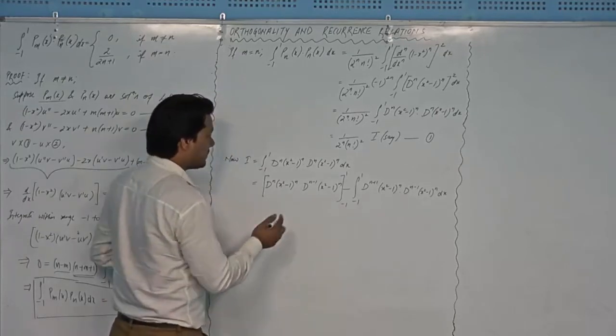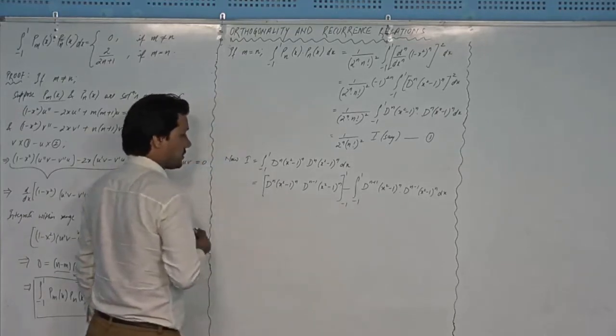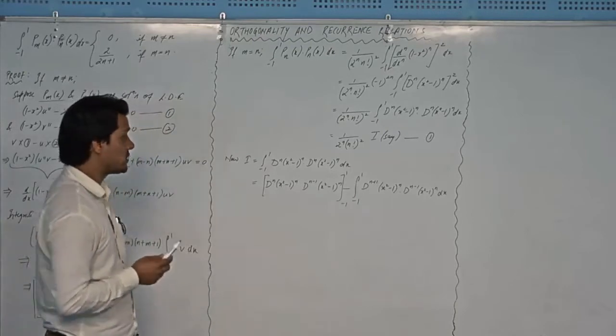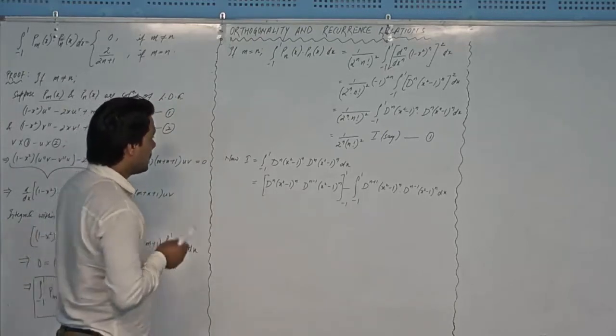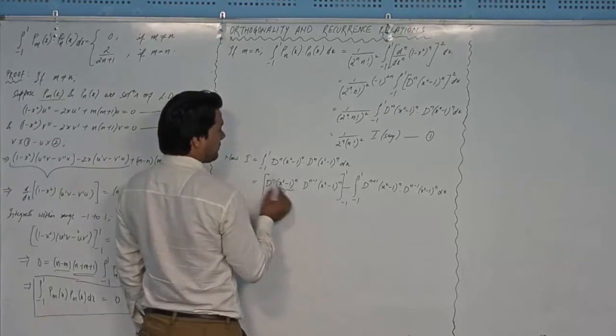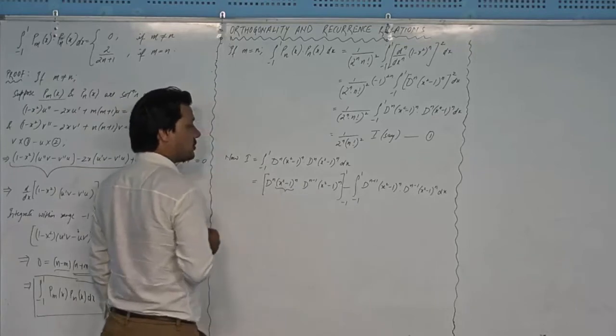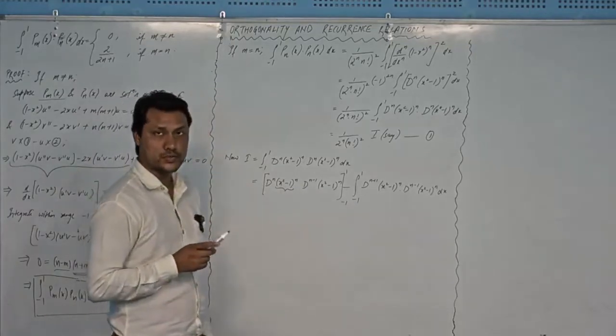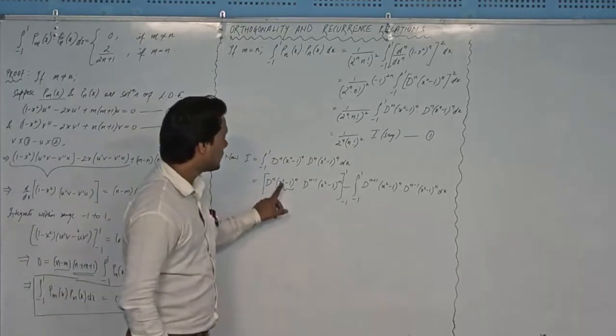So on putting the limits, can we put limits at this point? The first thing is that you focus on this thing. This is quadratic, and you have the power n here, so ultimately it will be a polynomial of degree 2n, right, because you have 2 here and n here.